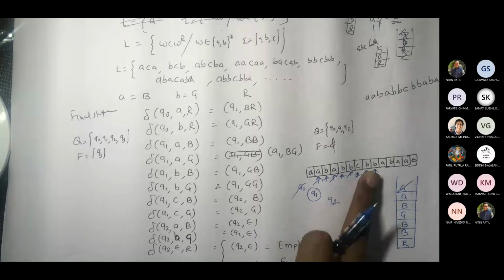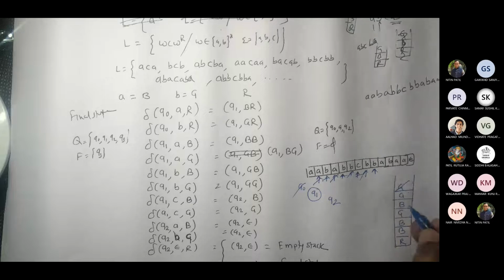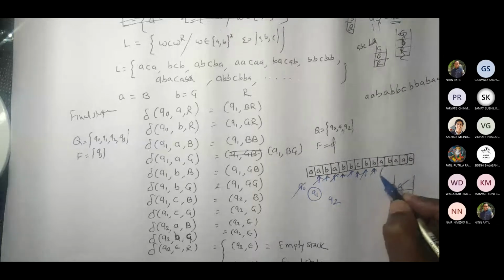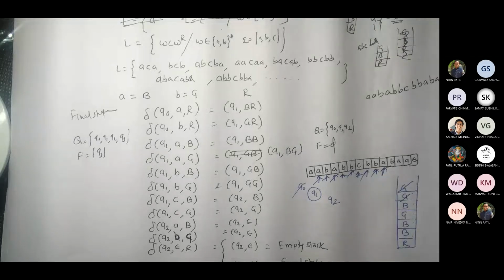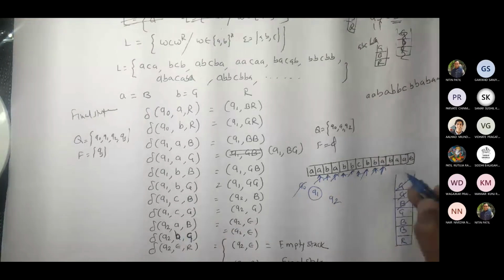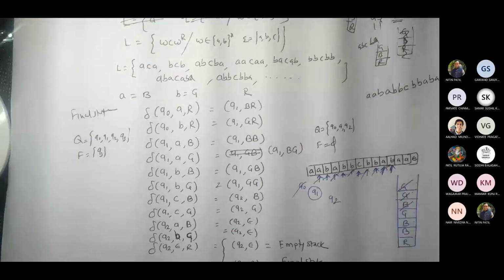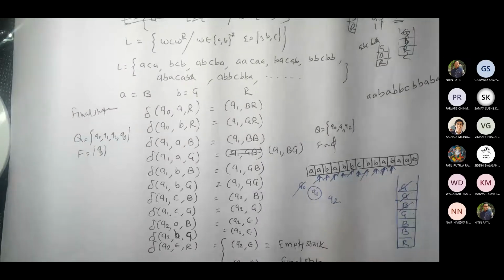Now next thing is Q2 BG again. Pop G. Okay, good. We are having A, Q2 A B. Correct? We are having Q2 A B. So again it is what? Pop. We are here Q2 BG.